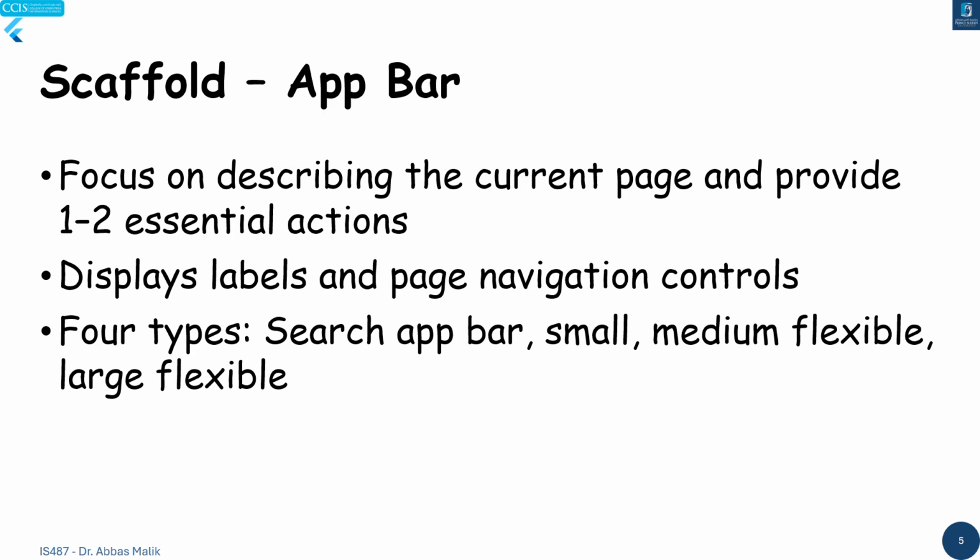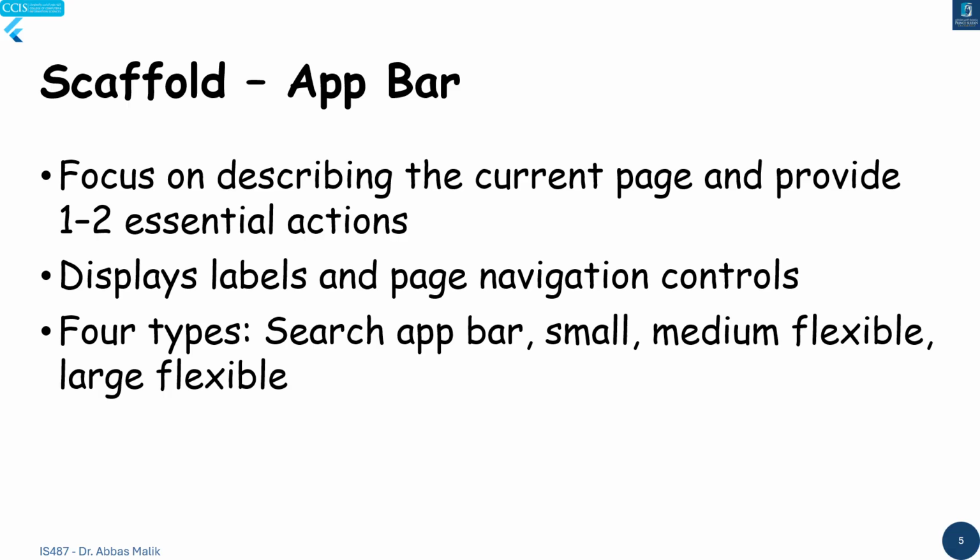So if we talk about the application bar, it should focus on describing the current page and provide one to two essential actions. Okay. So again, we don't want to overwhelm that application bar and put a lot of things. So we keep one or two. For example, on the left side you have a menu icon.